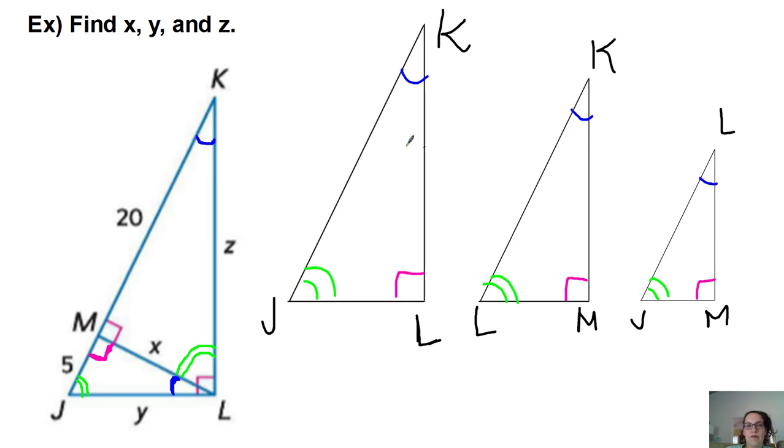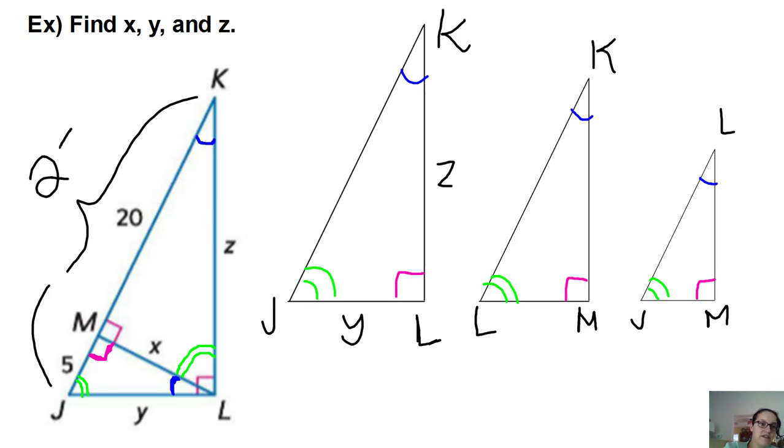So now I can label my sides. KL is z, LJ is y, and from J to K is 5 plus 20. This whole side is 25. Then in my second triangle, K to M is 20, M to L is x, and from K to L is z.